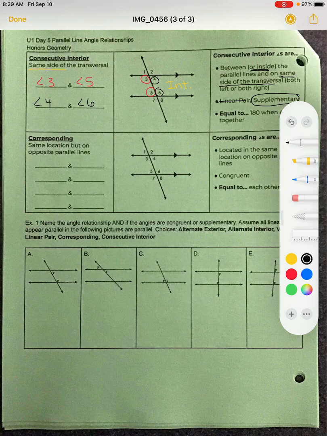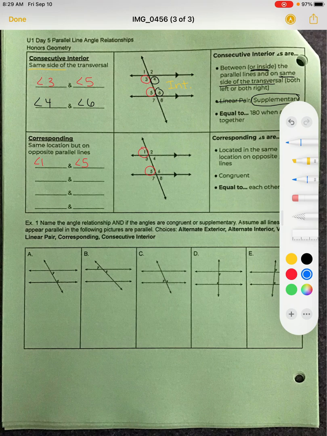Corresponding refers to angles that are in the same location, but on opposite sides of the parallel lines. So like 1 and 5 are in the same position. They are on what I'd call the left-hand side of the transversal, and they're both on top of the parallel lines.